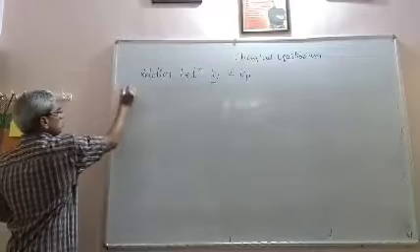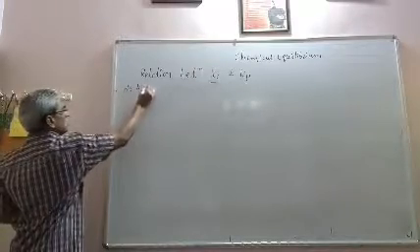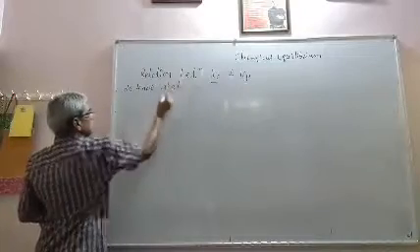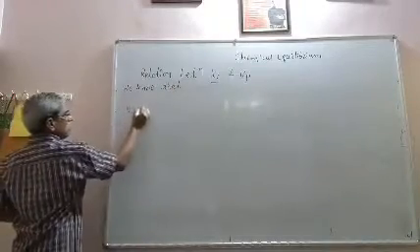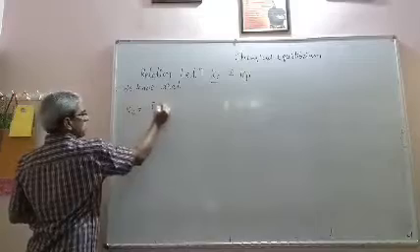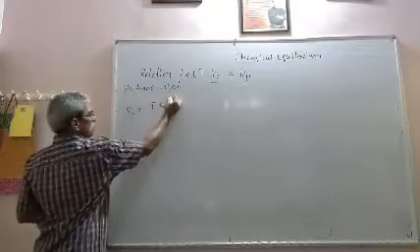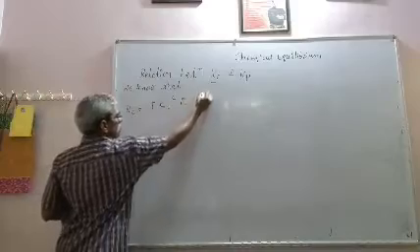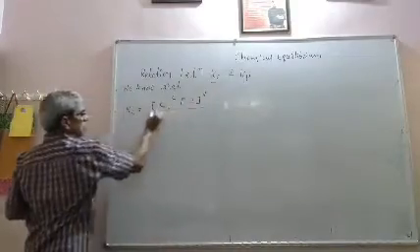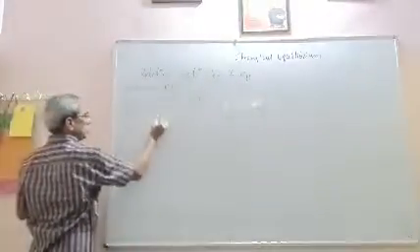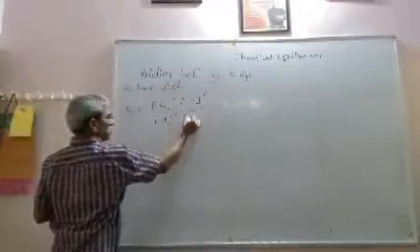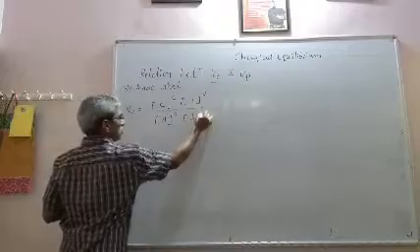Now we know that Kc equal to active mass of C raised to c, active mass of D raised to d upon active mass of A raised to a, active mass of B raised to b.